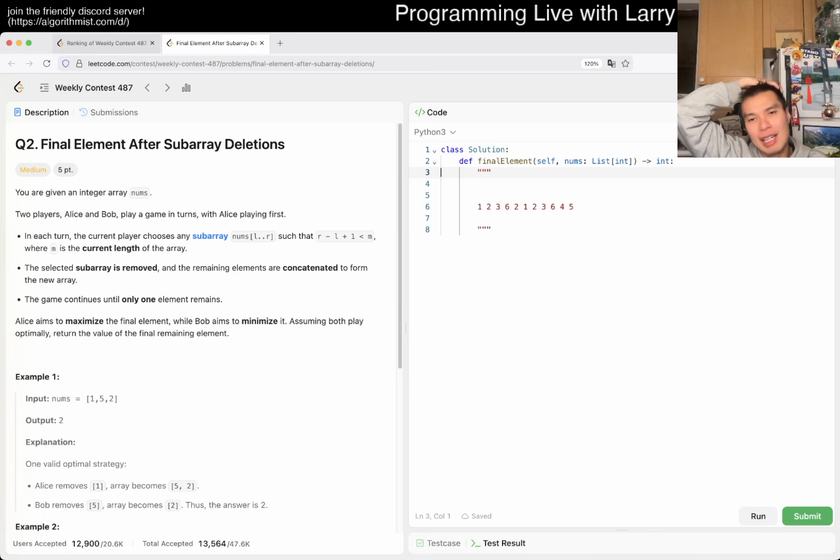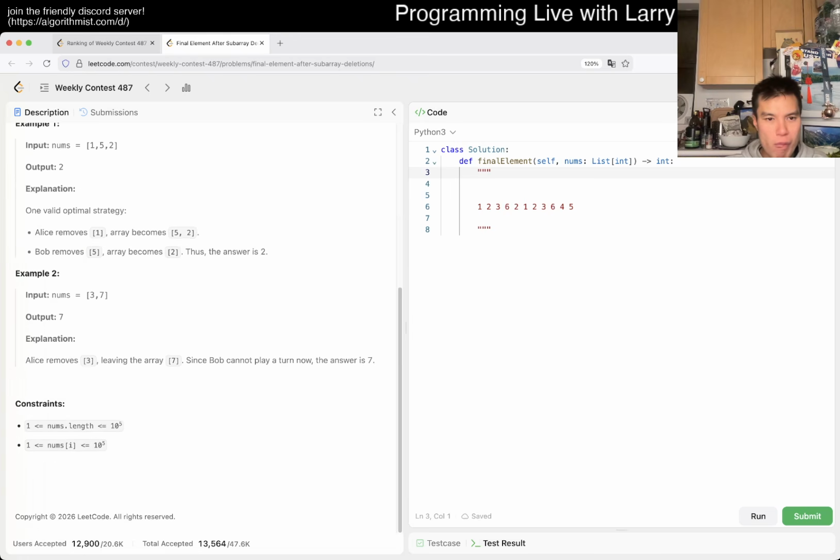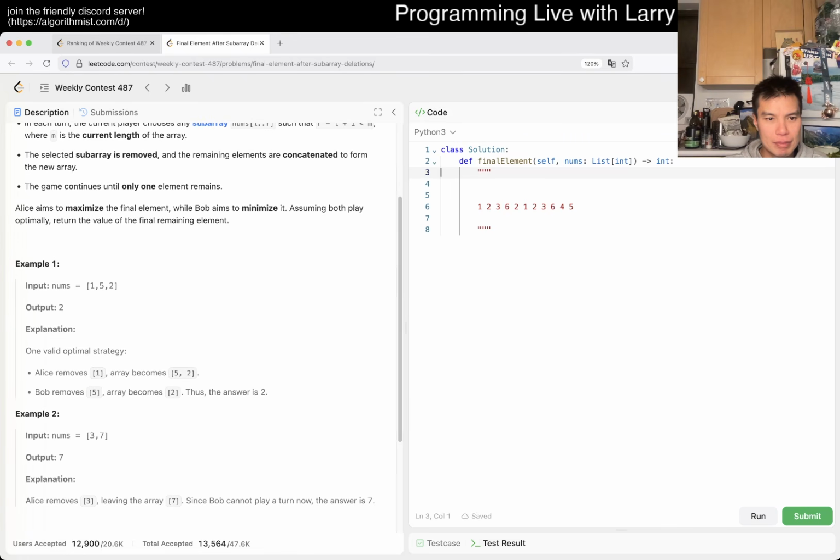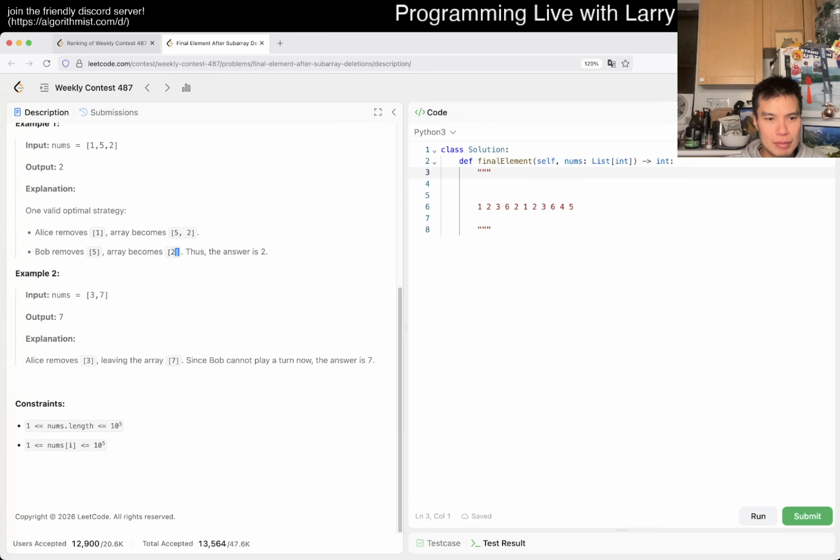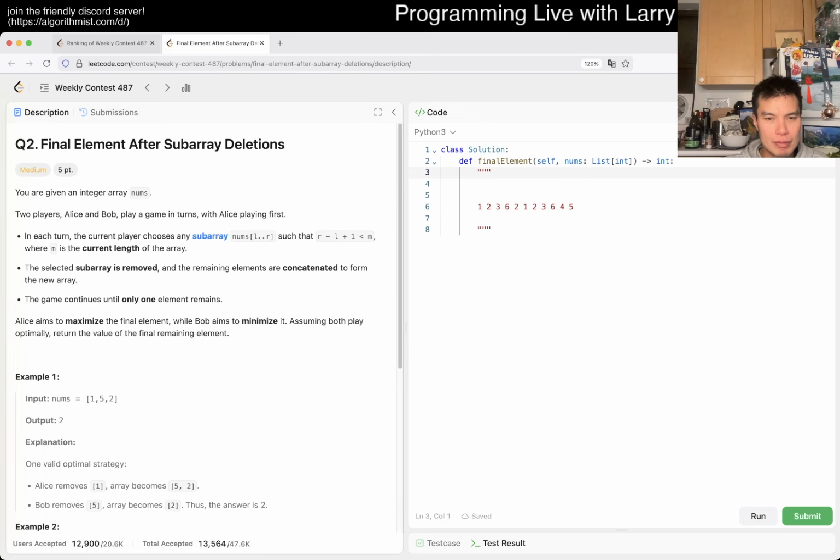I mean, the idea makes sense. I just don't know how to make that fast. Is it going to be stack related?